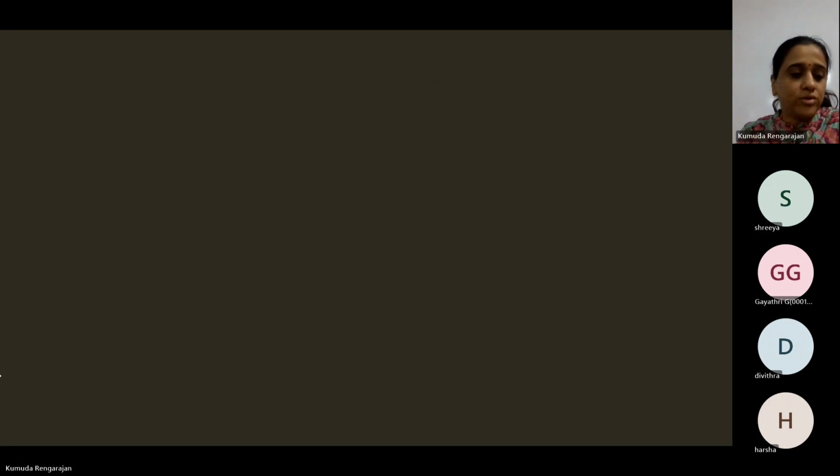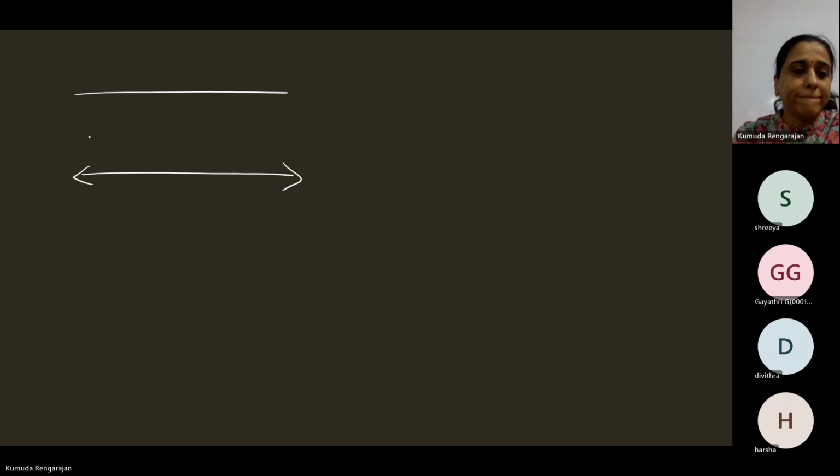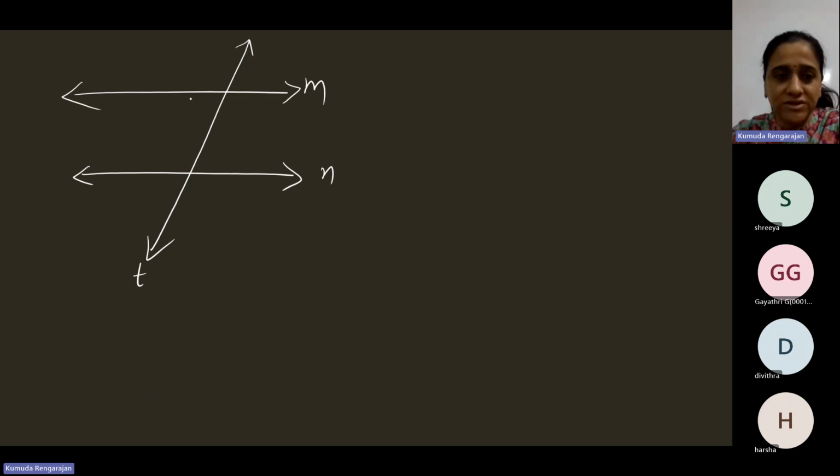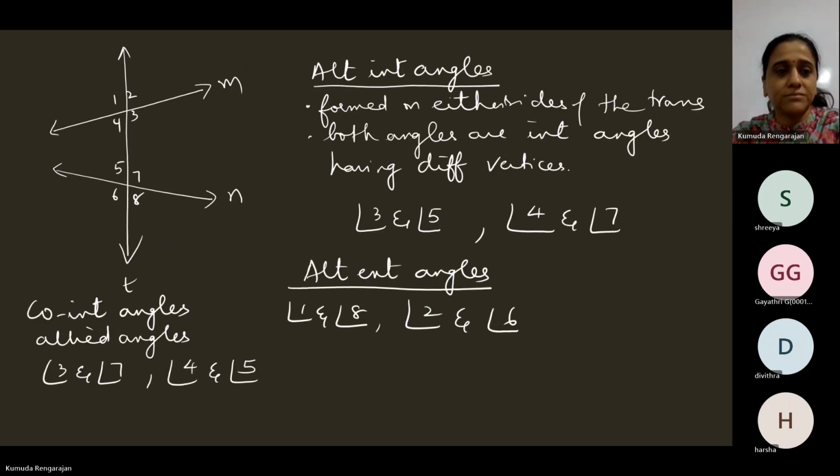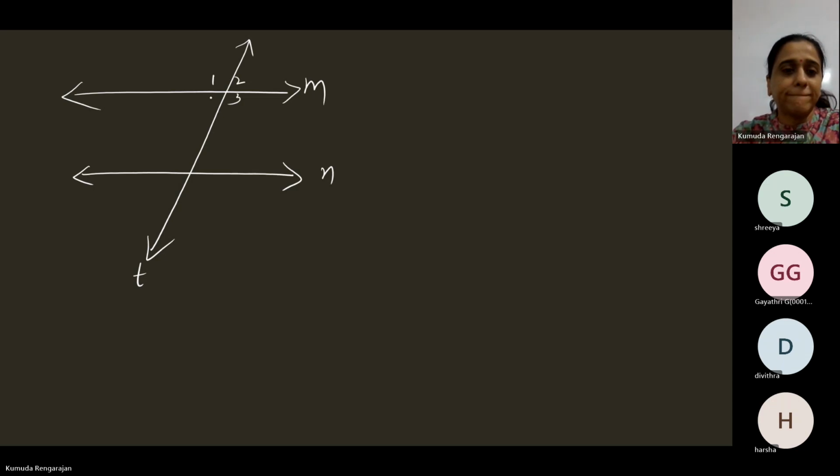Now, when the two lines are parallel to one another, if M is parallel to N, intersected by transversal T, then corresponding angles are equal.